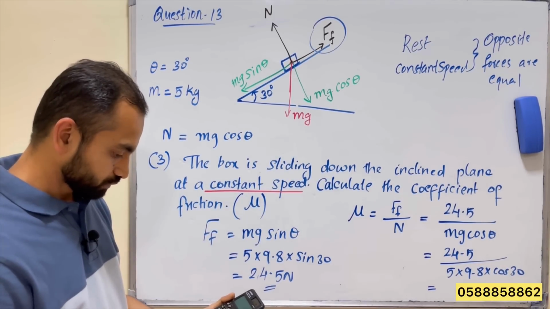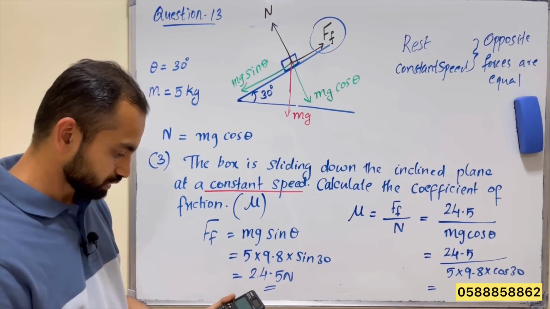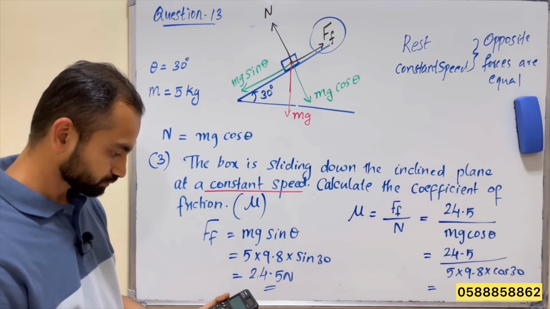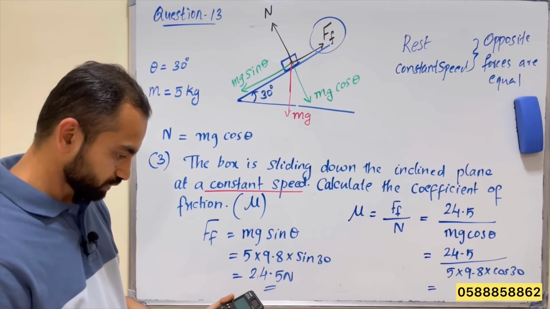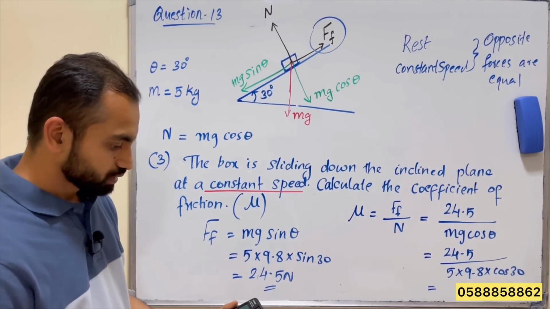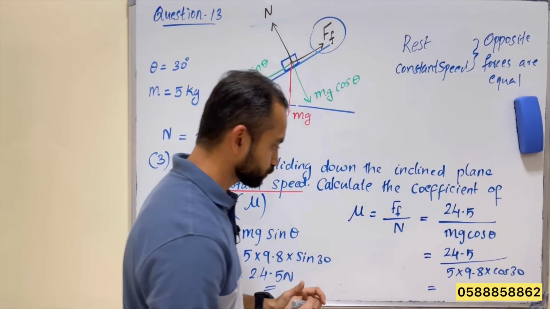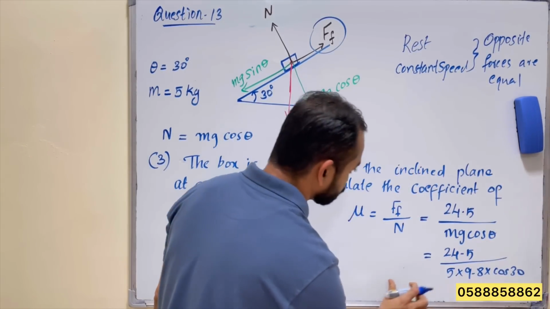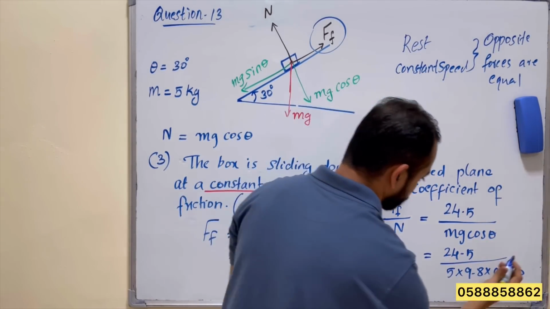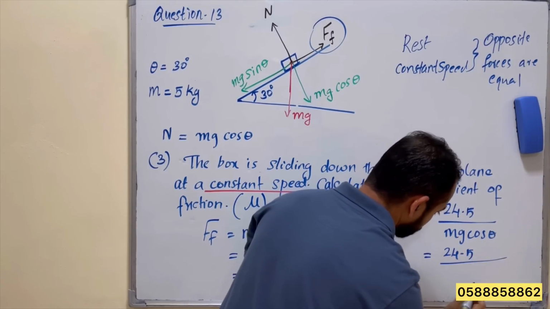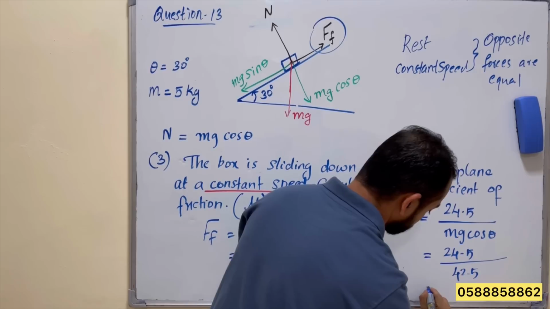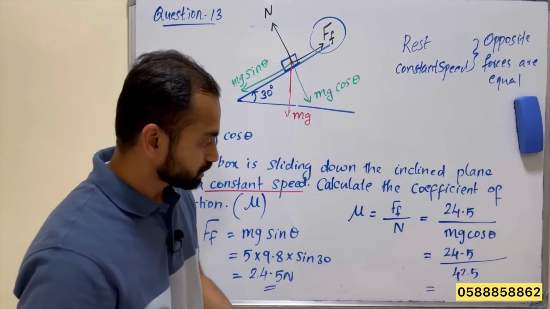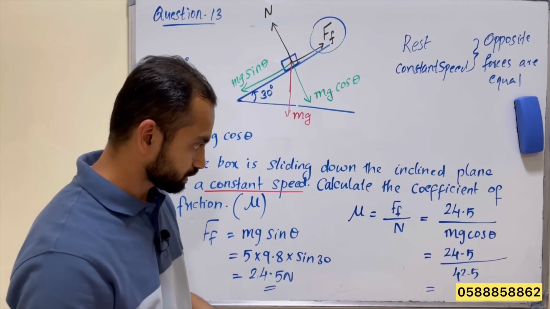Cos 30, how much? We will calculate this value. 5 times 9.8 times cos 30 equals 42.4, right? So 24.5 divided by 42.4. That step you have to write. Okay, there is no space here, that is why I deleted that.